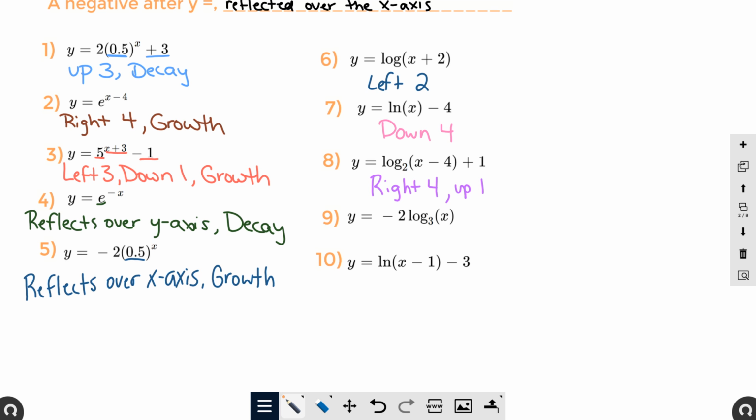Question 9. There's no add subtract, but it reflects how? Over the x, because that negative is at the beginning after the y equals.